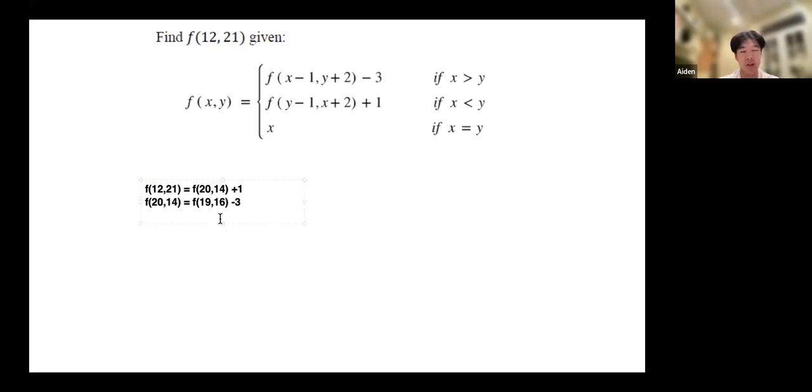To figure out what f of 20 comma 14 is, we need to figure out what f of 19 comma 16 is. Since x is still greater than y, we follow the top case again.